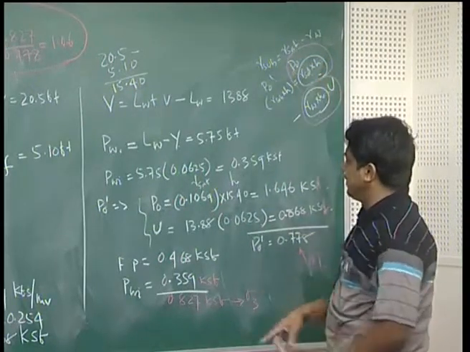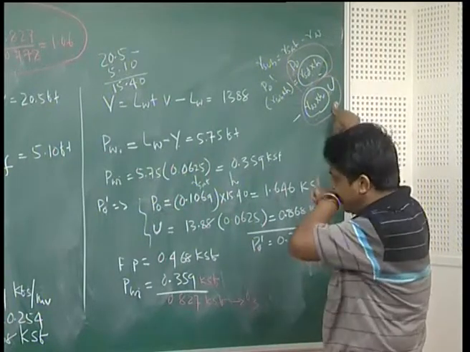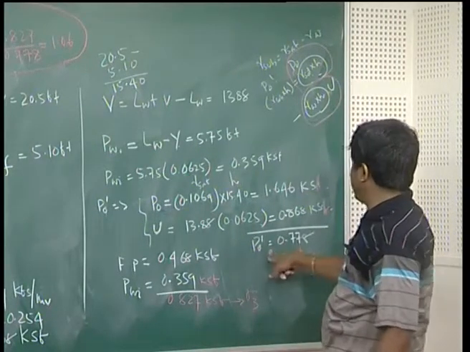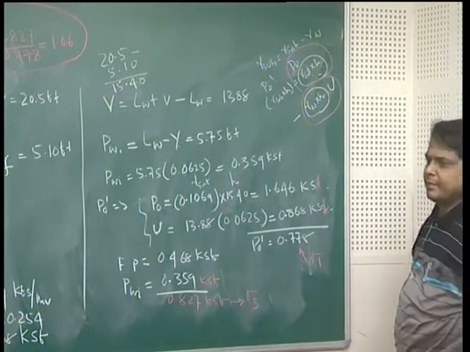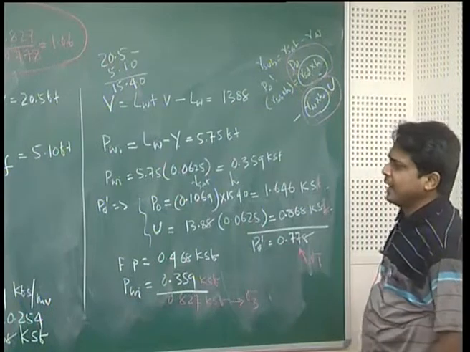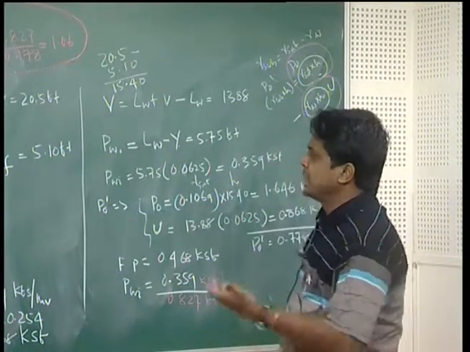So P0 is calculated here and U calculated. If I deduct it, from there the effective stress you can get is 0.778.